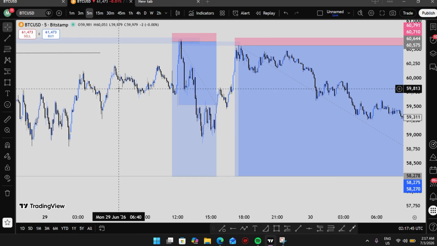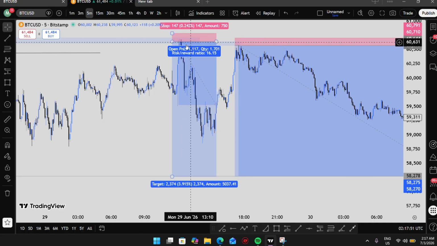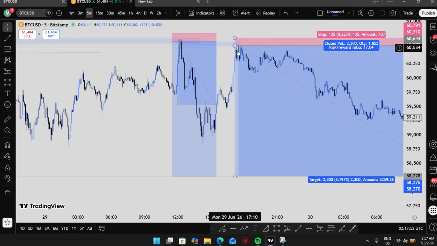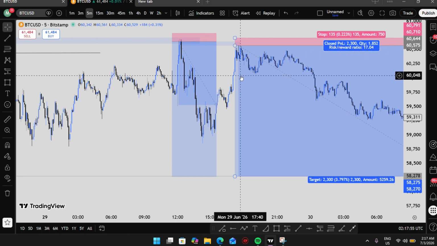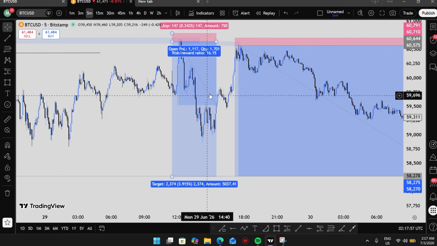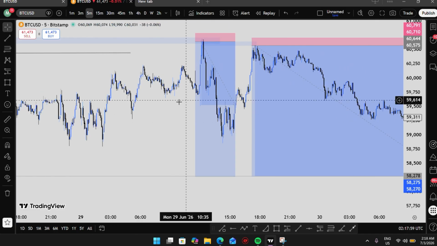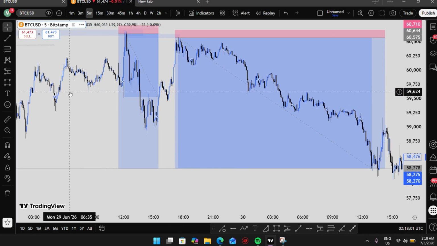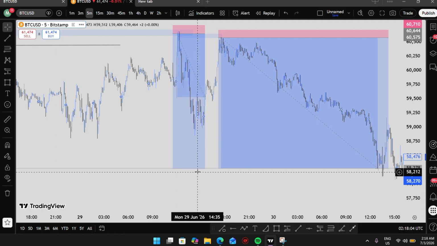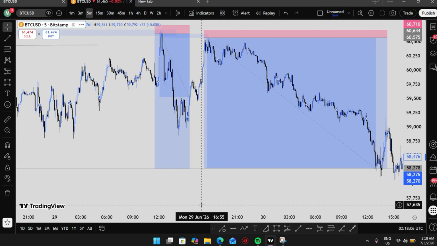When the market started retracing back into my entry, I spotted this order block, marked it out, and set another limit there. When the market got there, you can see it dropped to my take profit. It's as simple as that.